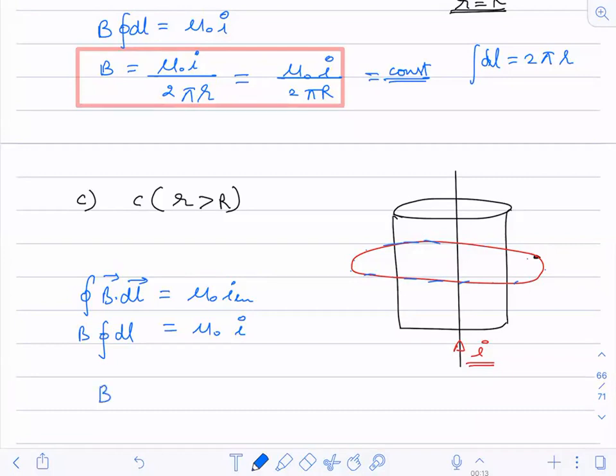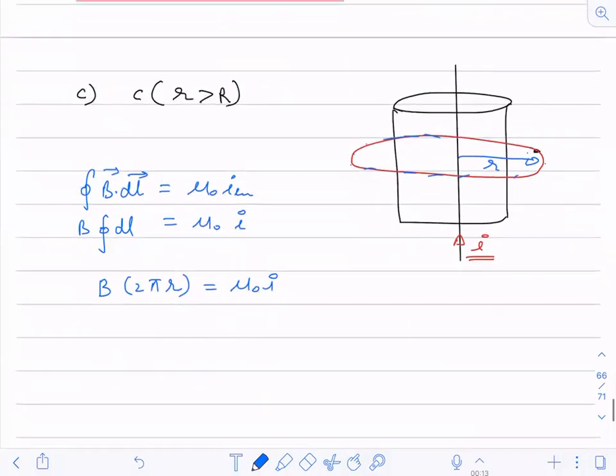If you integrate dl, the loop is of radius r, so you will get B into 2 pi r equal to mu naught into I. You will have B is equal to mu naught I by 2 pi r. So this is my result here.